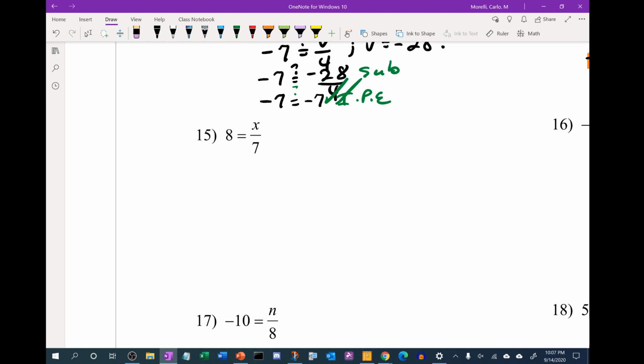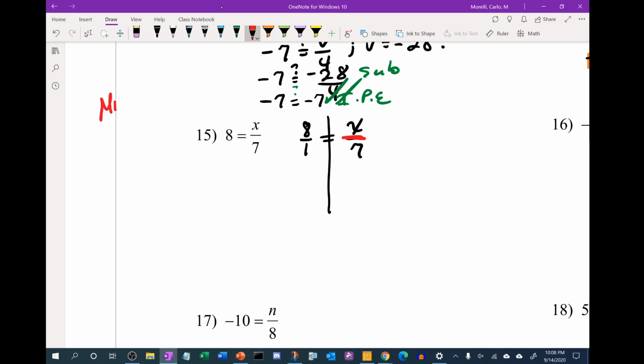I'm going to rewrite it as 8 over 1 equals x over 7. Just makes it easier to work with. Well, I have x divided by 7. I'm going to use a combination of the inverse, the definition of a multiplicative inverse, which is the definition of a reciprocal. I used a term here that I didn't spell out.